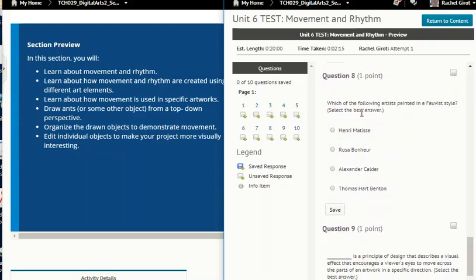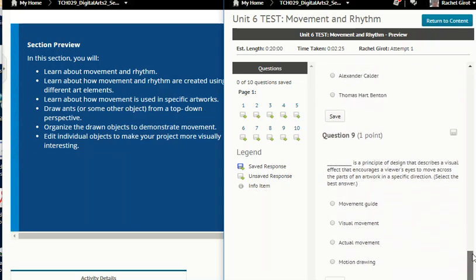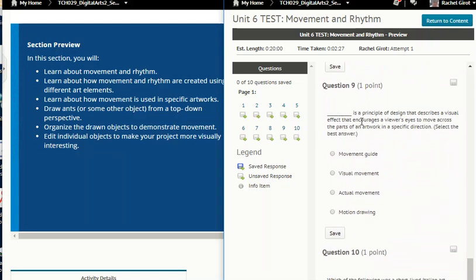Question 8. Which of the following artists painted in a Fauvist style? Henri Matisse, Rosa Bonheur, Alexander Calder, or Thomas Hart Benton? Question 9. Blank is a principle of design that describes a visual effect that encourages a viewer's eye to move across the parts of an artwork in a specific direction.